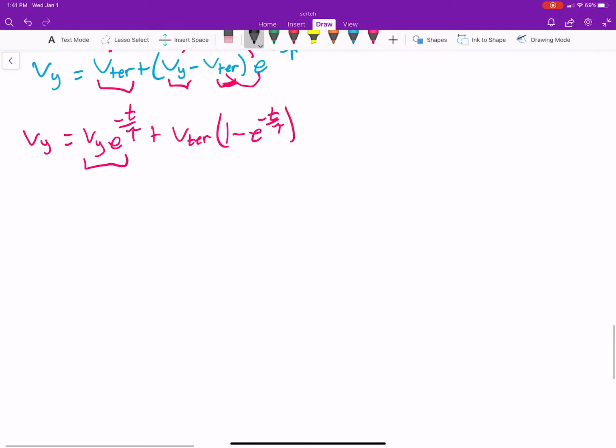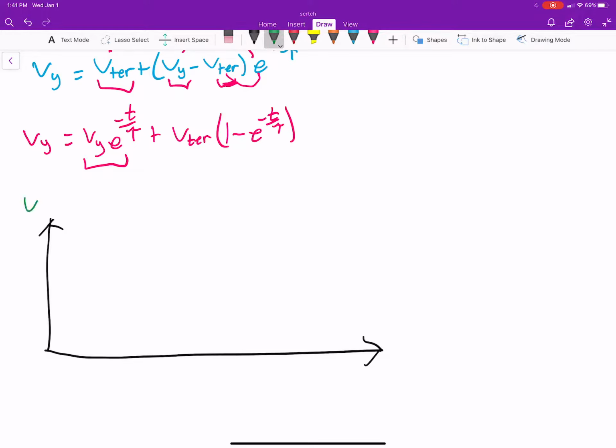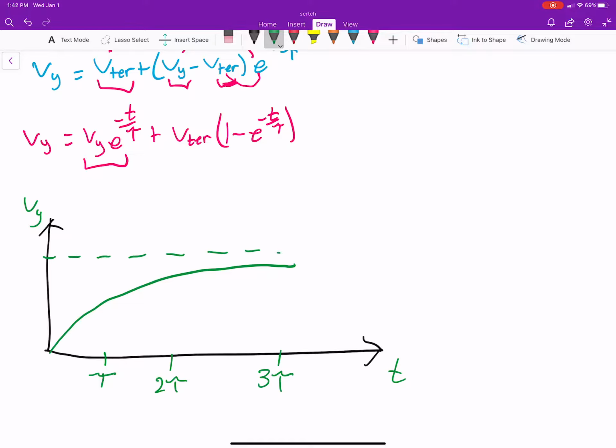Okay, so graphically, it's a big graph, it's fine. Let's say that this is V and this is T. Maybe this is tau. Maybe this is 2 tau. Maybe here's 3 tau. And the important thing to see is this is V terminal, and we're approaching this terminal velocity.